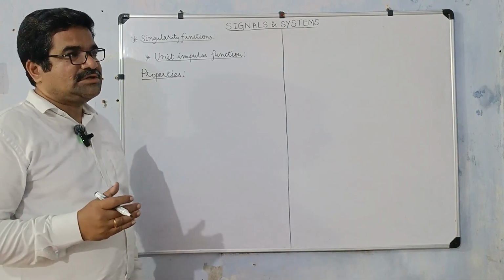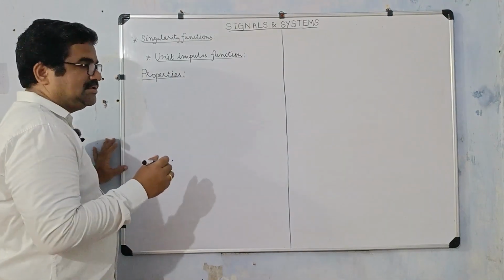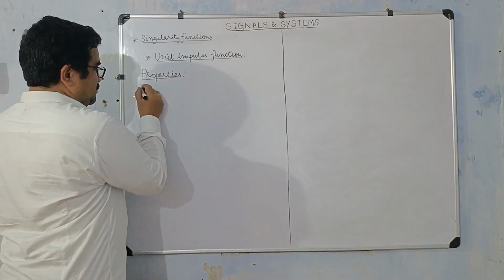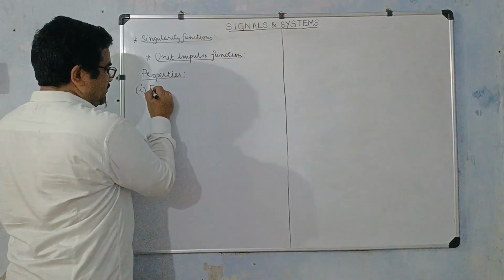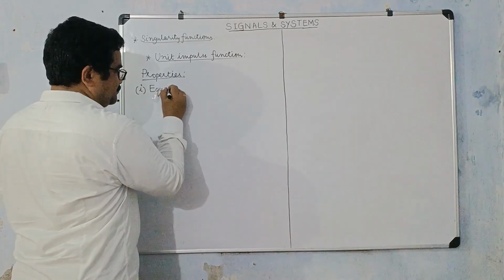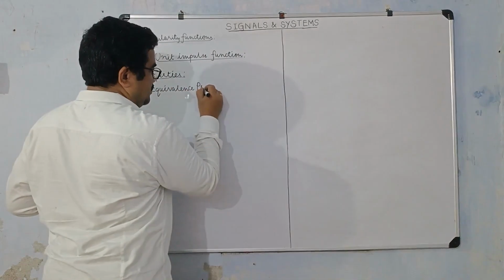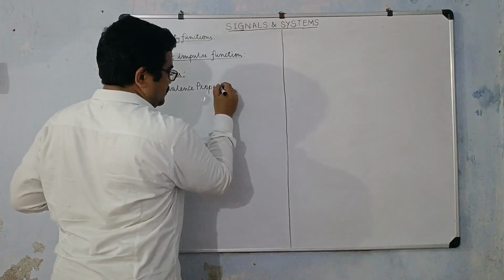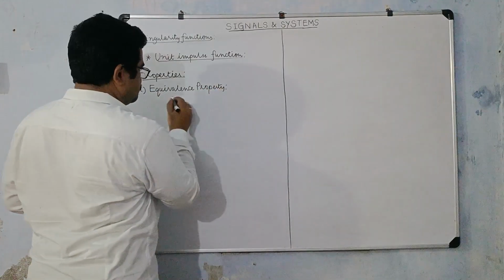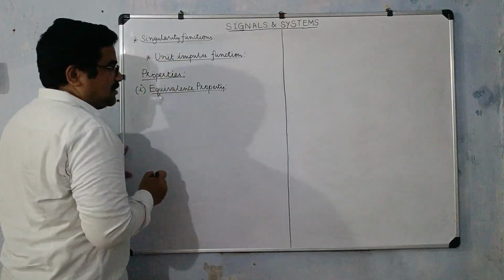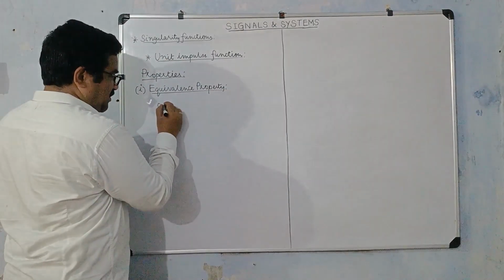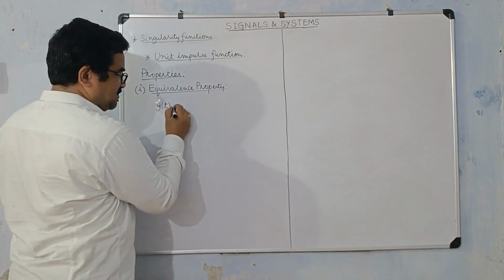Now the unit impulse function satisfies certain properties. So what are the properties of the unit impulse function? Let us see now. The first property is the equivalence property. According to the equivalence property, g of t is some other function.